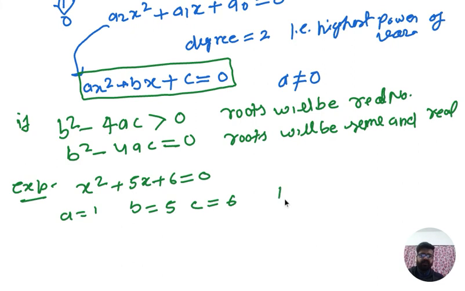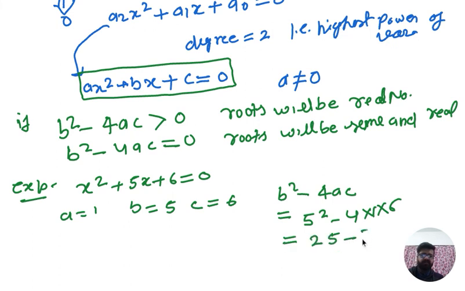So I will find b² − 4ac: 5² − 4 × 1 × 6, which is 25 − 24. So the value is 1, which is greater than 0. So the roots will be real.